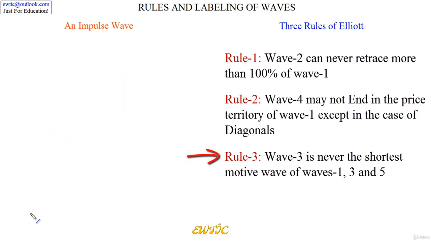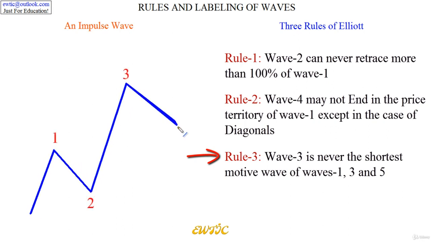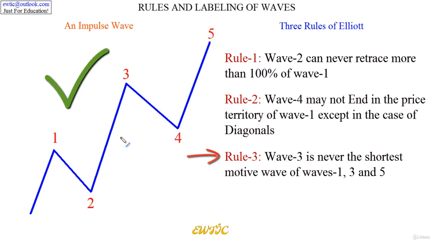Rule number 3 of Elliott states that wave 3 can never be the shortest wave of 3 motive waves, waves 1, 3 and 5. That means this is wave 1, this is wave 2, this is wave 3, this is wave 4, this is wave 5. This is all right and correct.